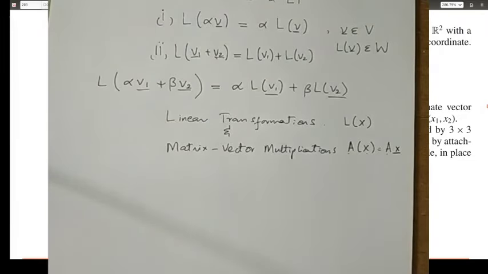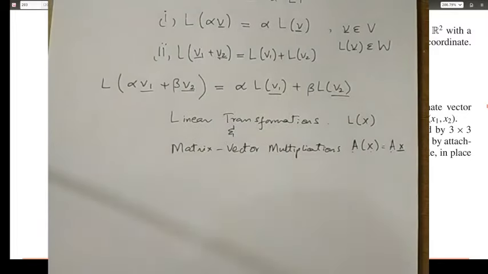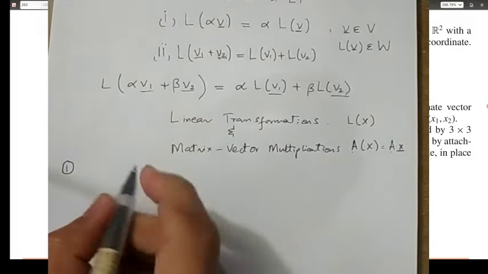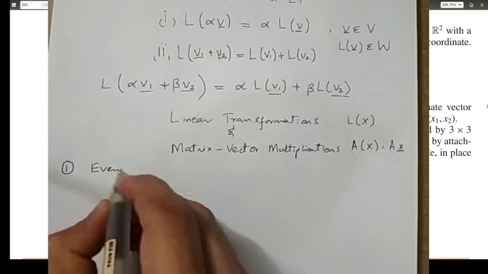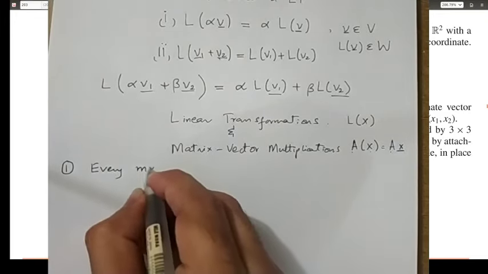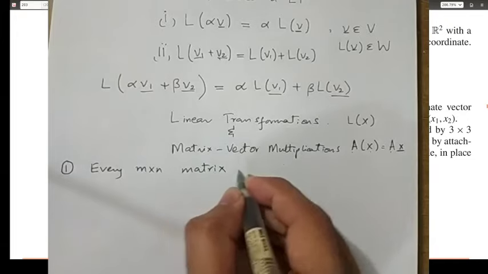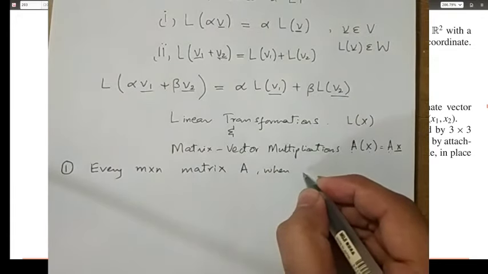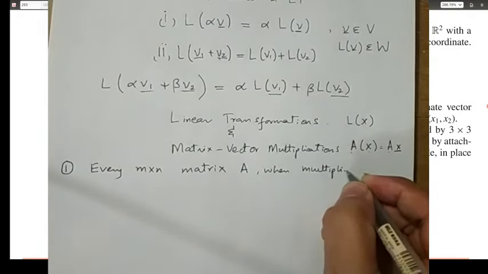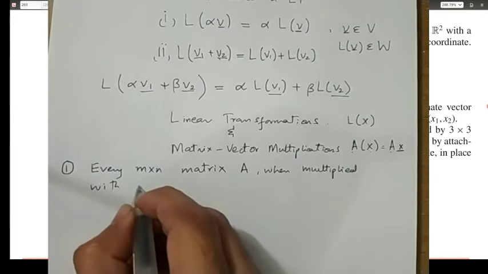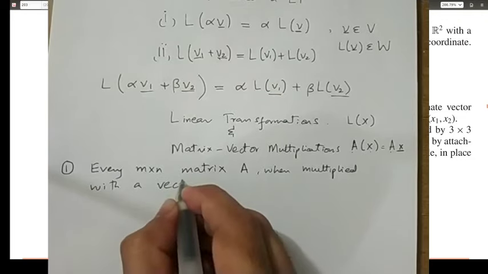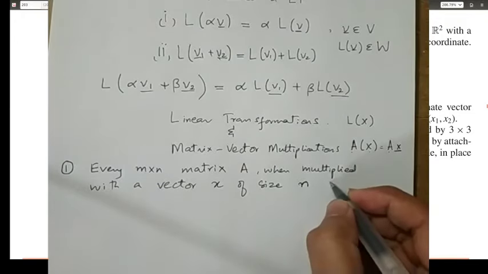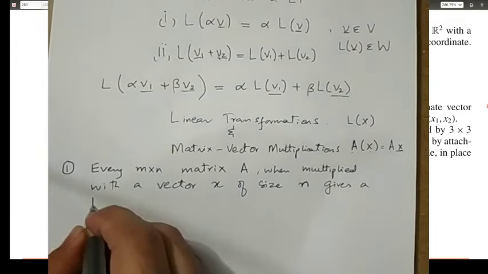So firstly, the simple thing to first notice is if you consider just the matrix vector product, every m by n matrix A when multiplied with a vector x of size n gives a linear transformation.